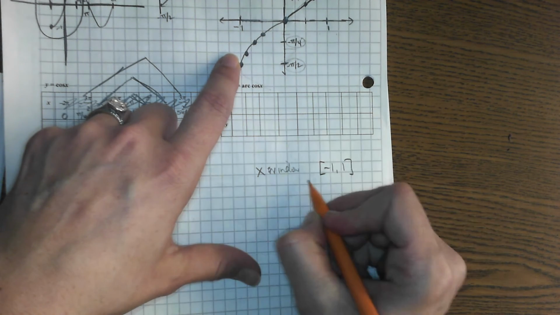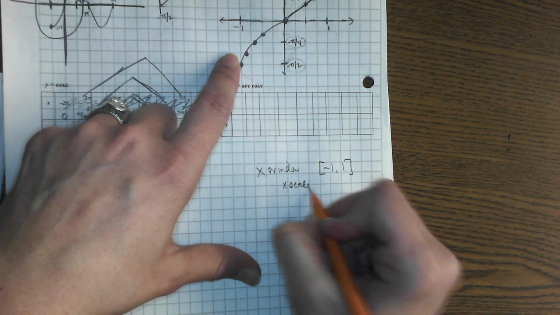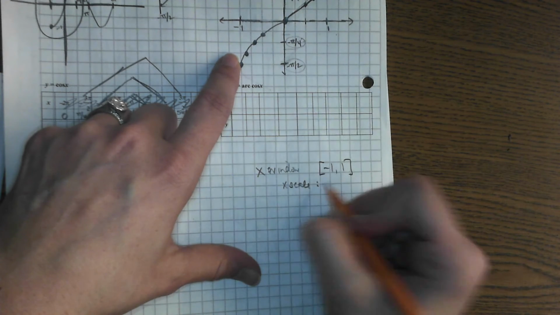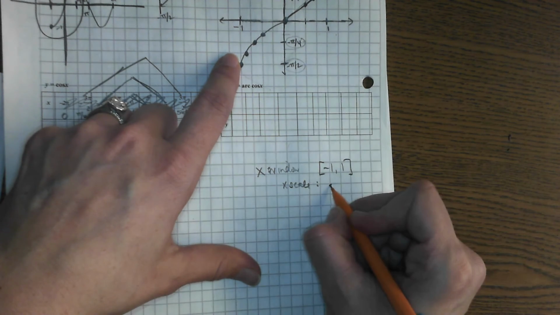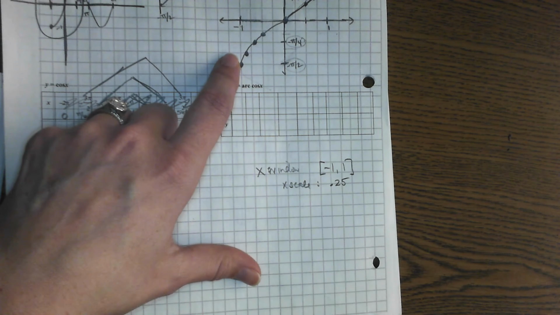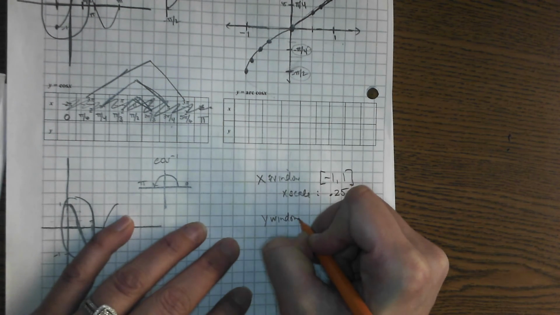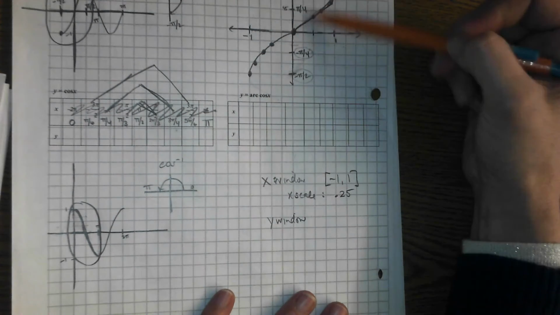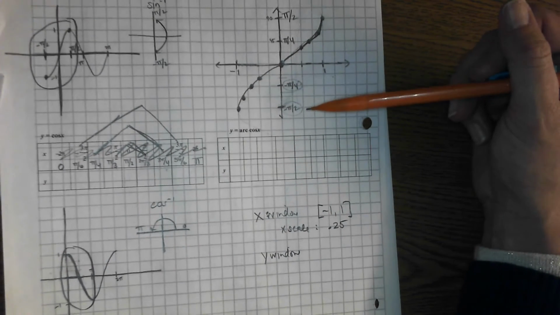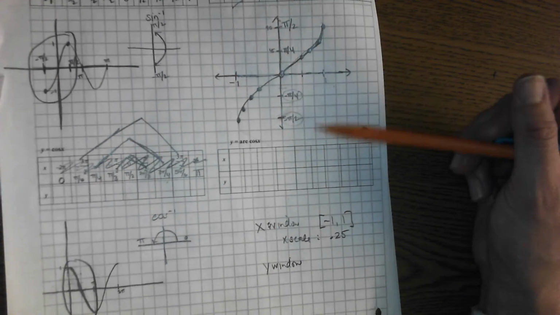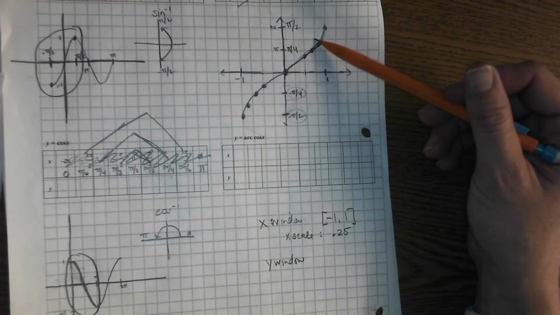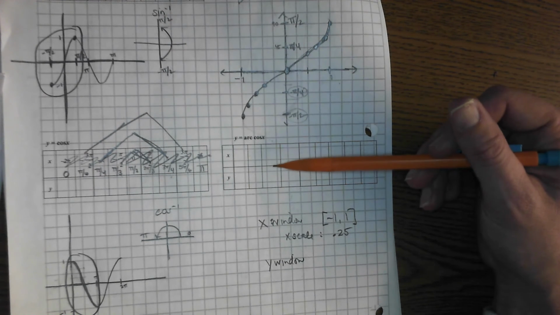And I can count by 0.5s or 0.25s, I don't really care, but make sure you're counting by numbers. I'll do 0.25. Your y window in this case, though, is going to be different for inverse sine versus inverse cosine.